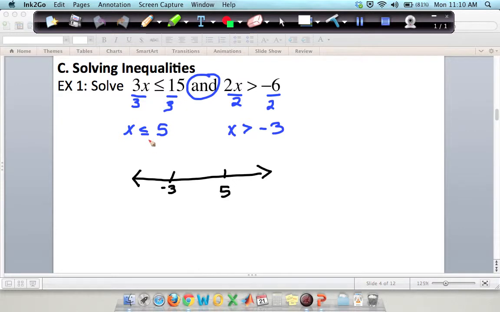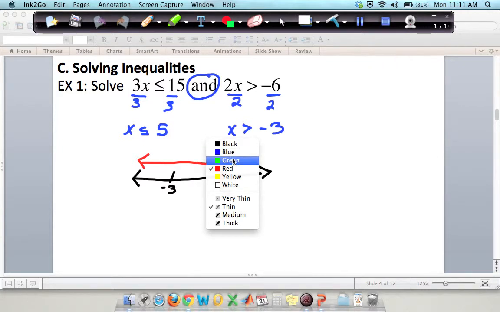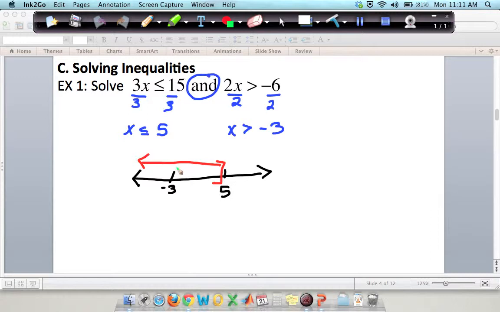This says x is less than or equal to 5, so less than or equal to is a bracket, and the direction you'd be going is to the left. So I'm going to draw this above just so I can see. For and, I'm looking for their intersection, so I'm going to draw them both, and then look for what they have in common. Then x is greater than negative 3 would be a parentheses, and greater than would be going to the right.